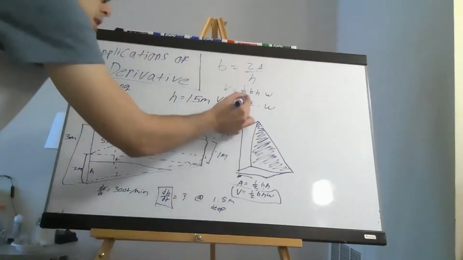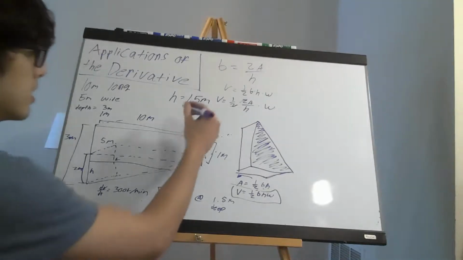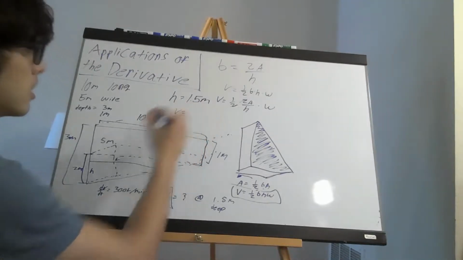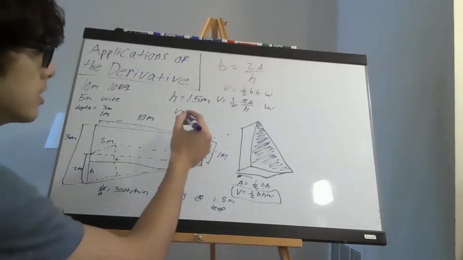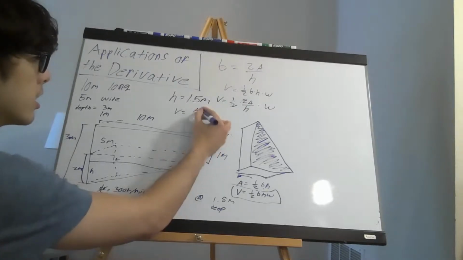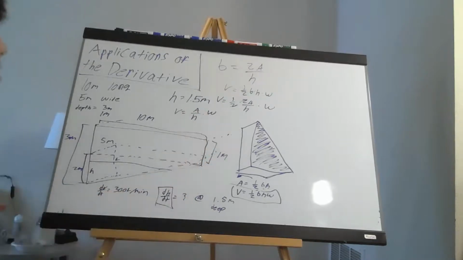Those 2's are going to cancel right there. So now we're going to get V equals A over h times w. So area divided by height times width. Yeah, this is a tricky problem.